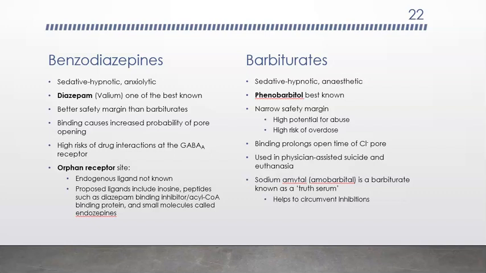Now, it is proposed that ligands include inosine and peptides, such as diazepam binding inhibitor, can bind there, and that there may be some inhibitor acetyl-CoA binding proteins and small molecules that can bind there. We call those endozepines.